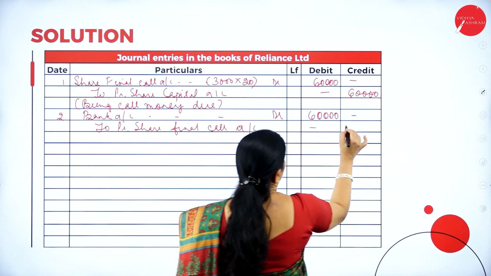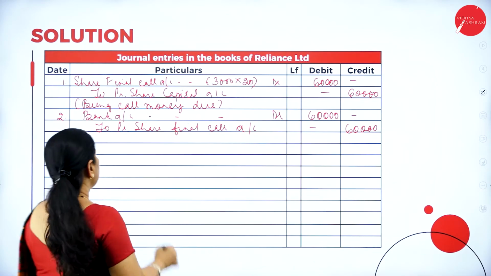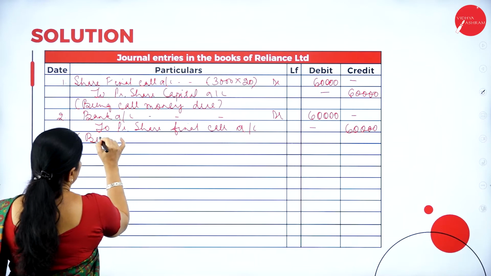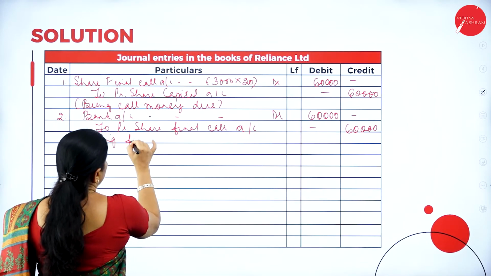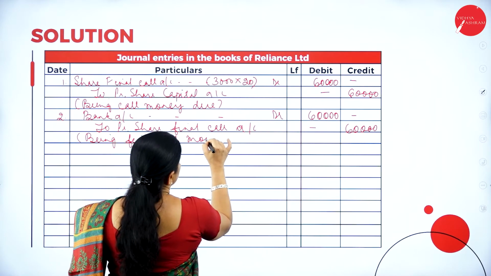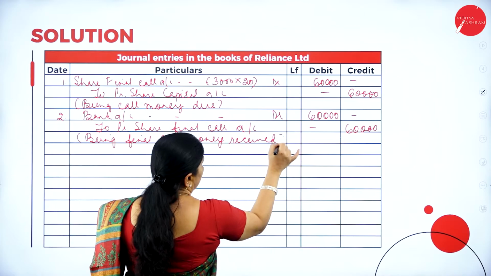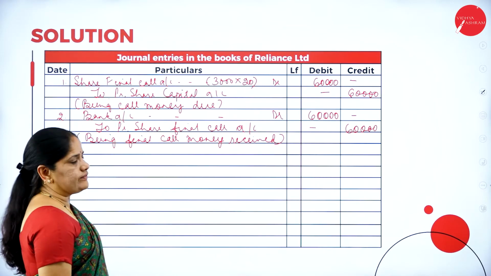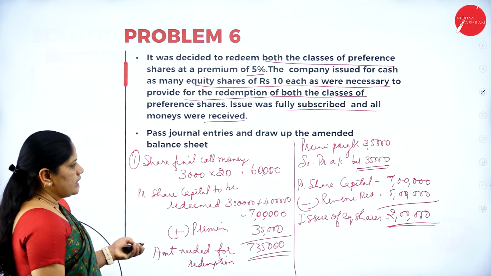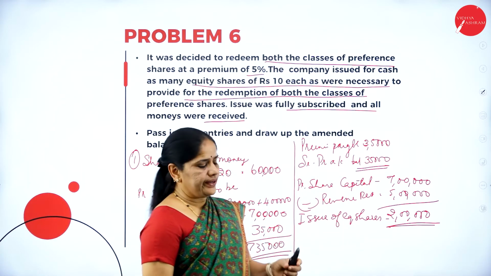Final call account 60,000 being final call money received. Now, after this, we have to pass a journal entry for issue of equity shares.